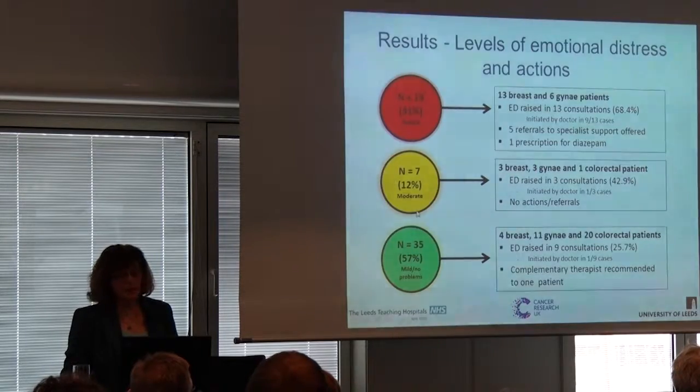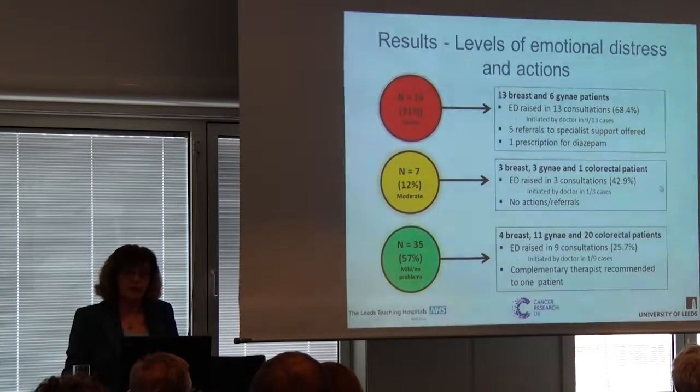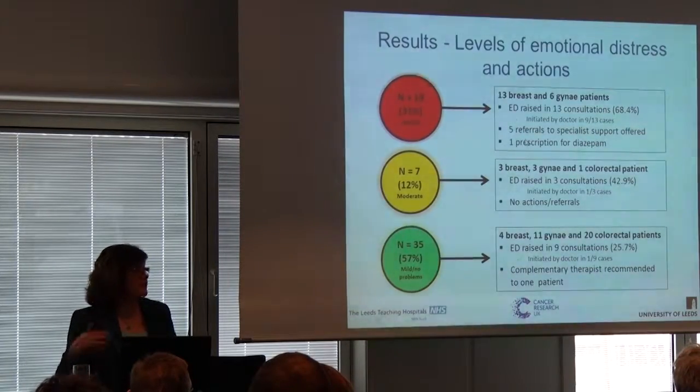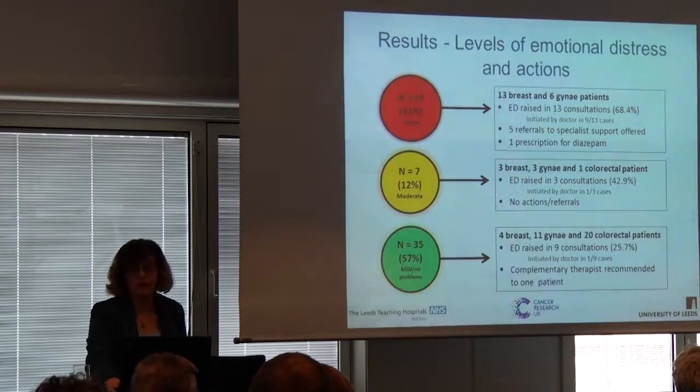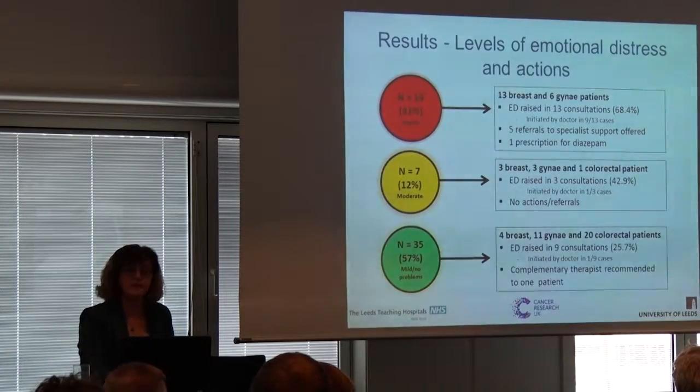If the patients had moderate depression, the emotional distress was raised in a smaller number, and there were no actions or referrals. If they didn't have any problems, it was still raised in some consultations, but mainly by the patients, not by the doctor, and complementary therapy was recommended. So you could see a trend and potential benefit at the more severe end of depression, screening for it, and then taking some actions with the support of our guidelines.